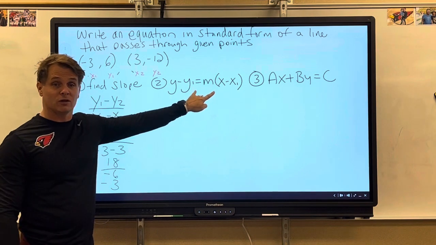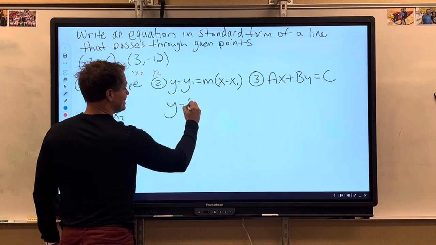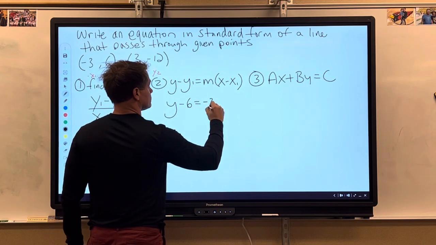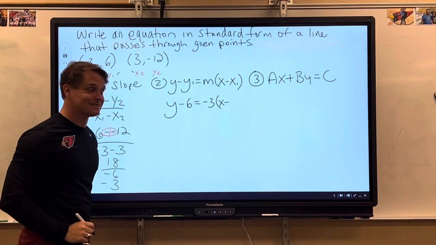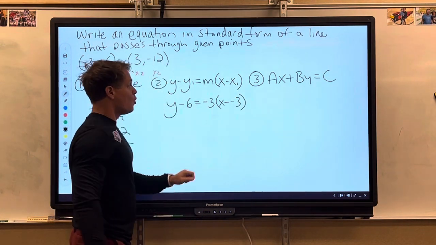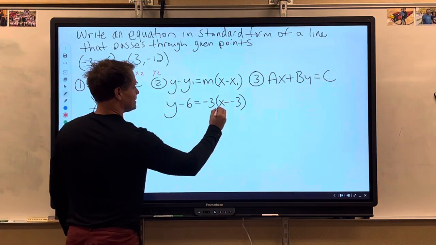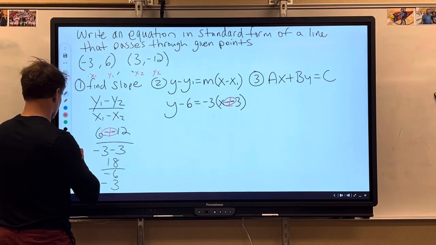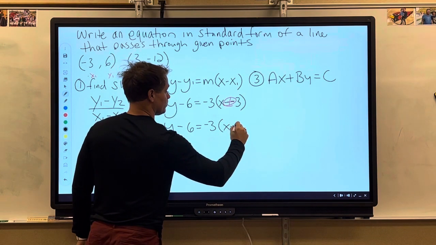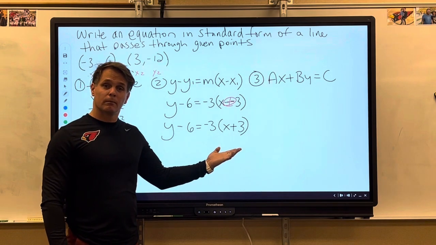So I got y minus 6 equals the slope we already found, -3, then x minus -3. We know 2 negatives make a positive. So I'm going to write this as y minus 6 equals -3 times x plus 3. This is in point slope form.